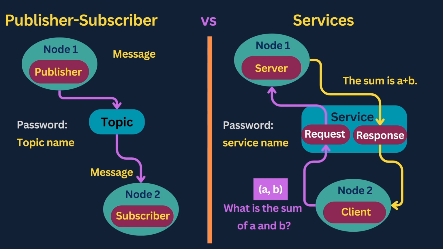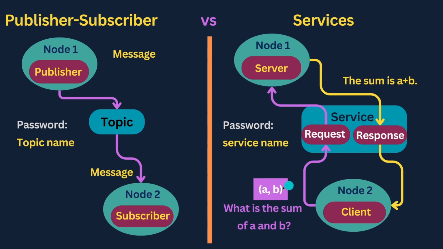Let's understand this with an example. We can consider the service as a Python function, which takes the inputs and gives you the output. In case of publisher subscriber, the topic message type is the same. Since we have two-way communication over here, the request will have a different structure and the response will have a different structure.